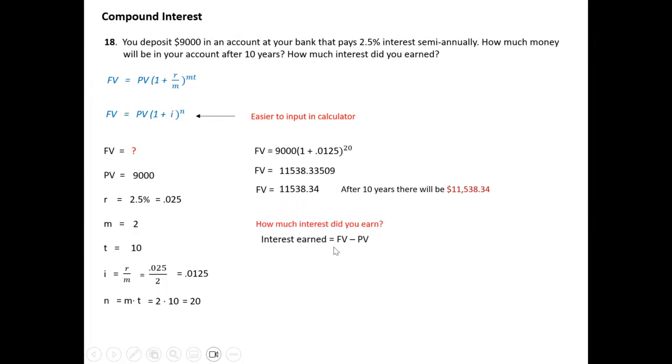Right, so the interest earned is equal to future value minus present value. The future value that you received was $11,538.34 minus what you invested, which is $9,000. So this comes out to $2,538.34. So that's how much interest was earned, $2,538.34.